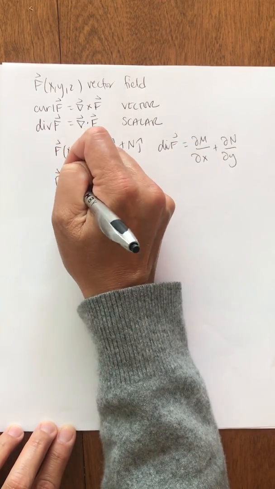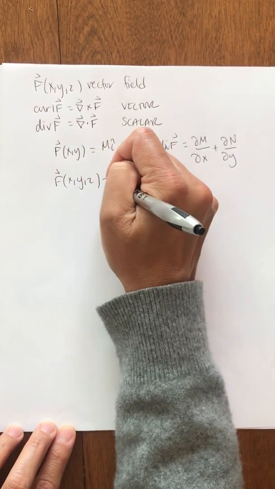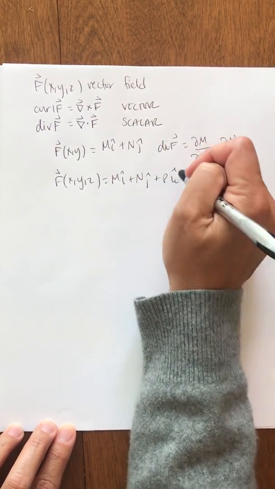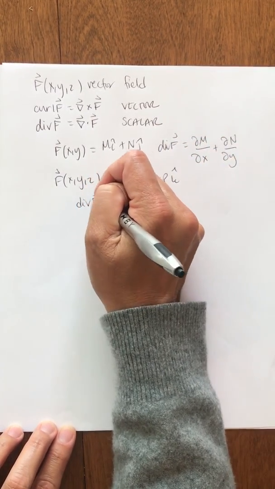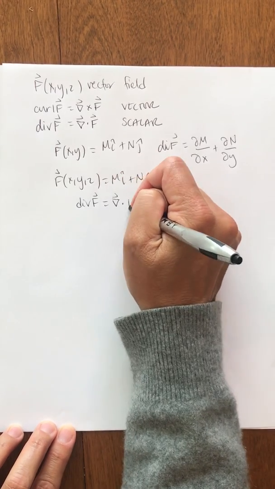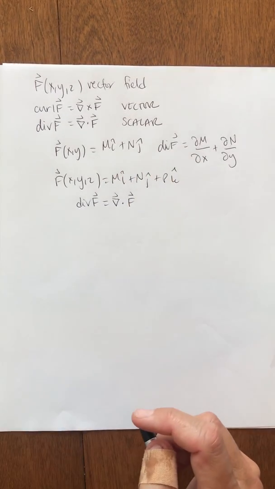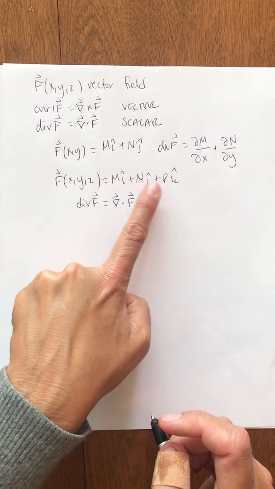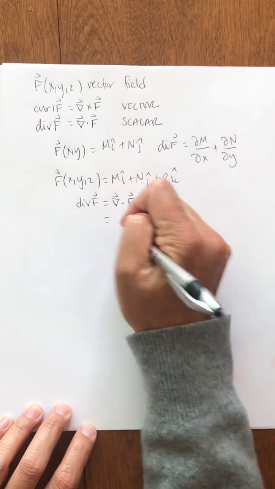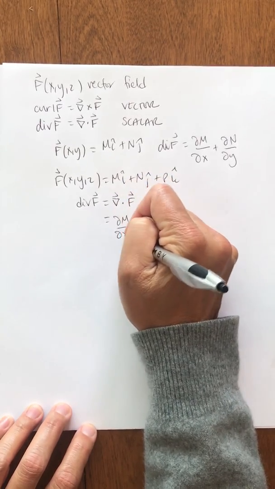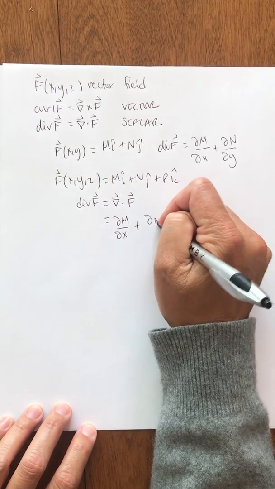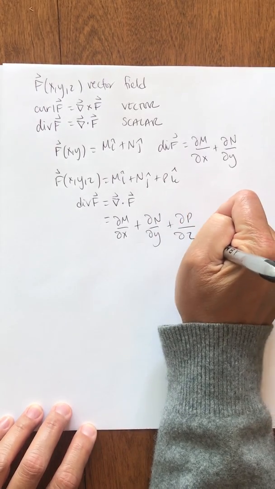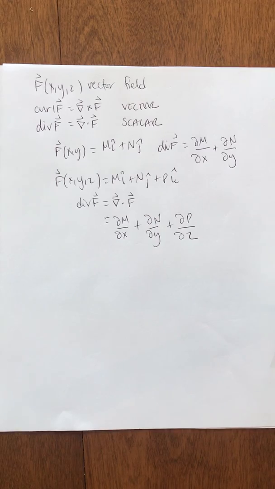If I have a 3D vector field, m, n, and p, then div F, again del dot F, is the partial of m with respect to x, plus the partial of n with respect to y, plus the partial of p with respect to z.